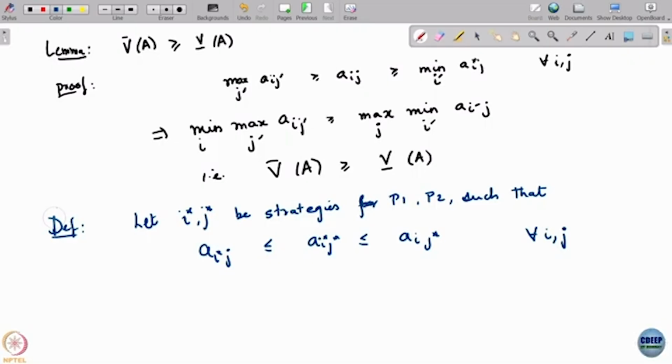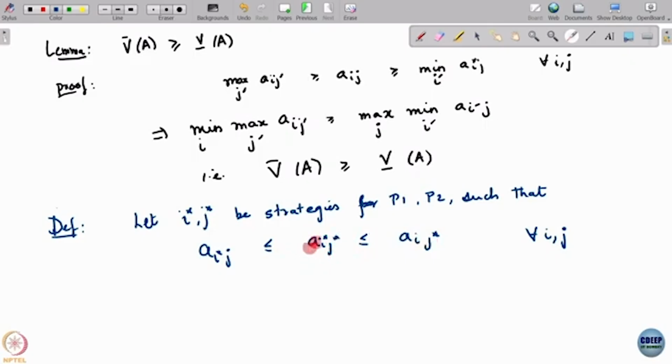Okay. So, what does this mean? That means that I star j star is such that, if you look at it from the point of view of the row player, there are two inequalities that I star j star satisfies.